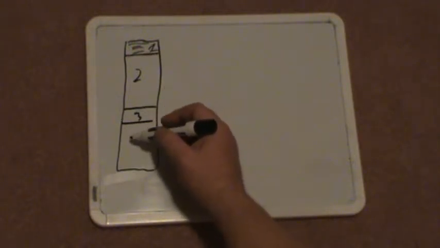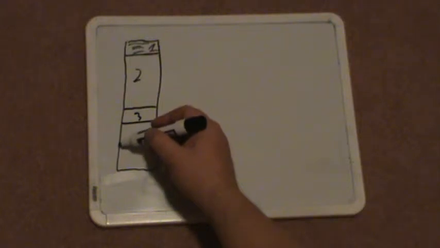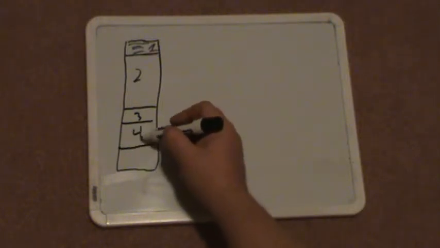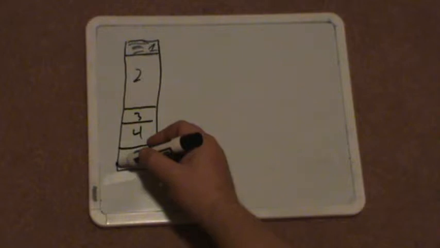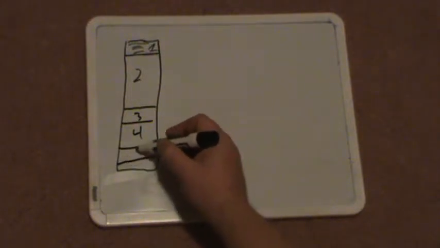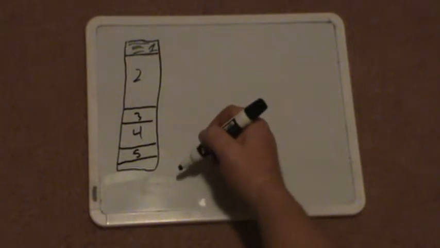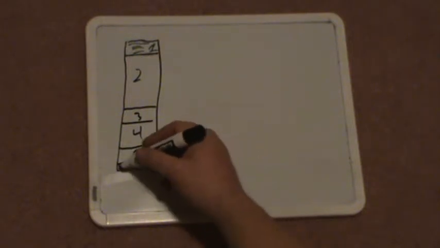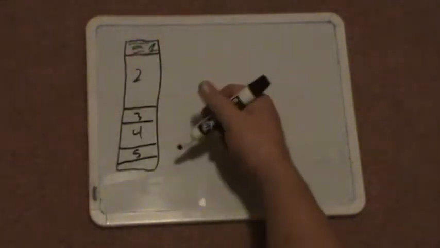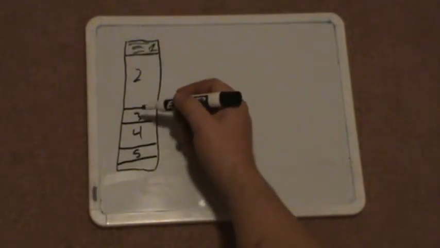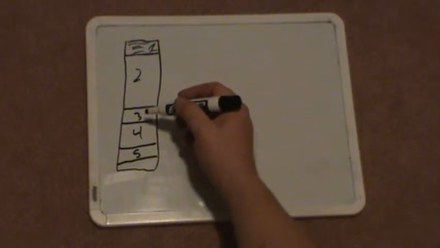Maybe a fourth one comes in and requires a nice little chunk, and a fifth one comes in and requires a little chunk here. Then let's say a sixth one comes up, and it does not fit in the remaining space. And now maybe we come back and close out a few processes.